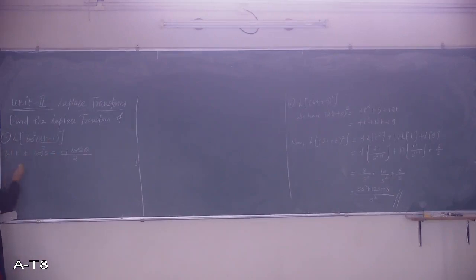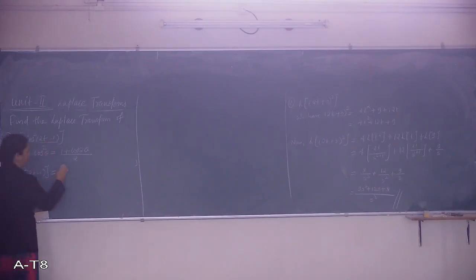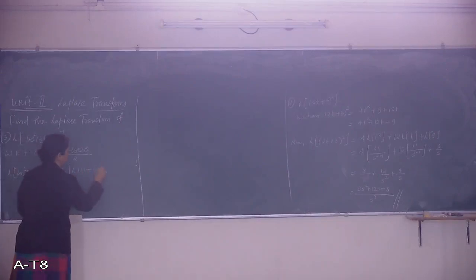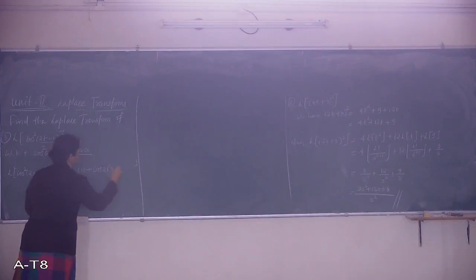Now write this. Therefore, the Laplace transform of cos square of (2t minus 1) equals 1 by 2 into the bracket Laplace transform of 1 plus cos of 2 into (2t minus 1).